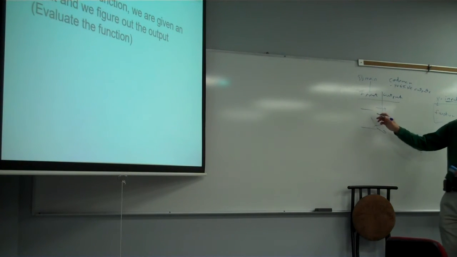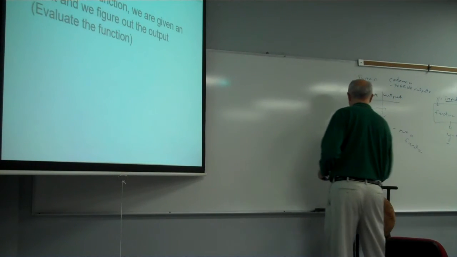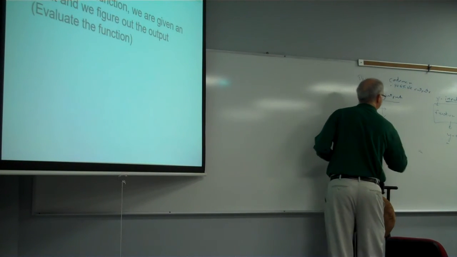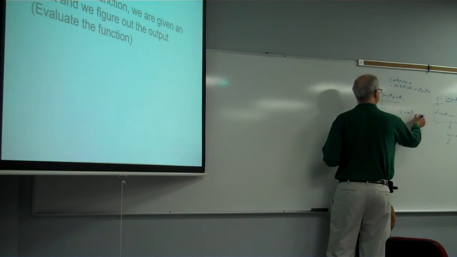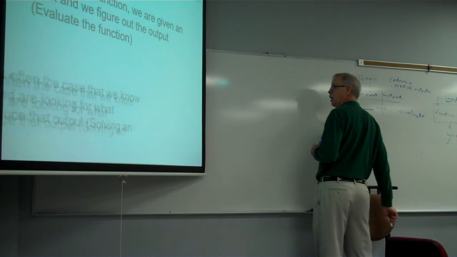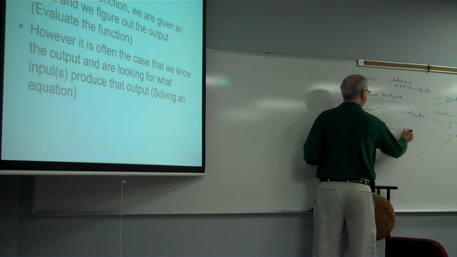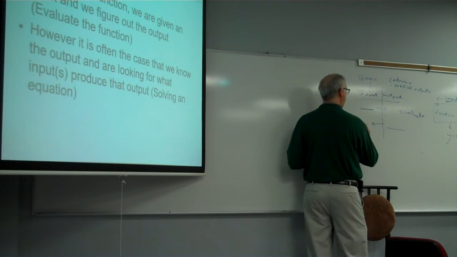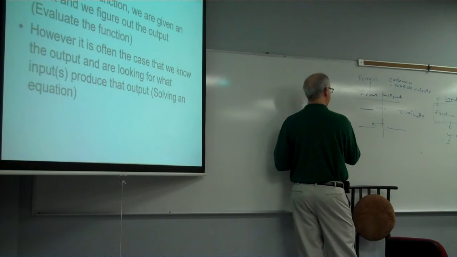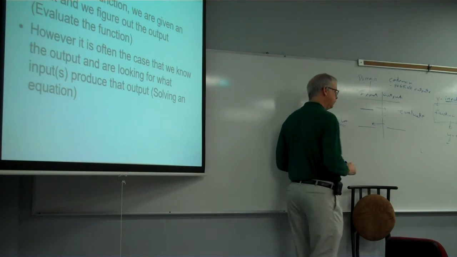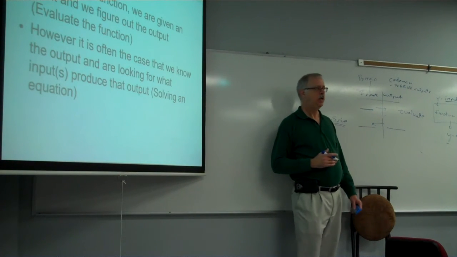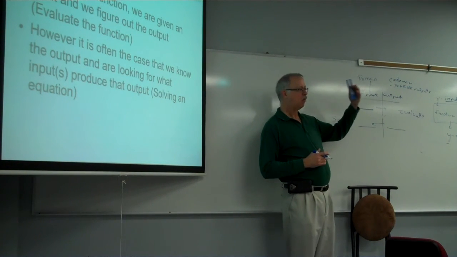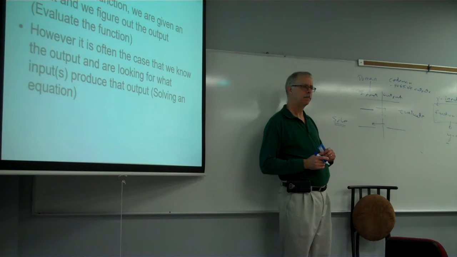So typically we're going from the input, figuring out the output, which I would call evaluate. But there are times when we're told the output, and we want to figure out, well, what's the input, which would be called solve. Solving an equation. Here's the output we want. What was the input that gave that to us?